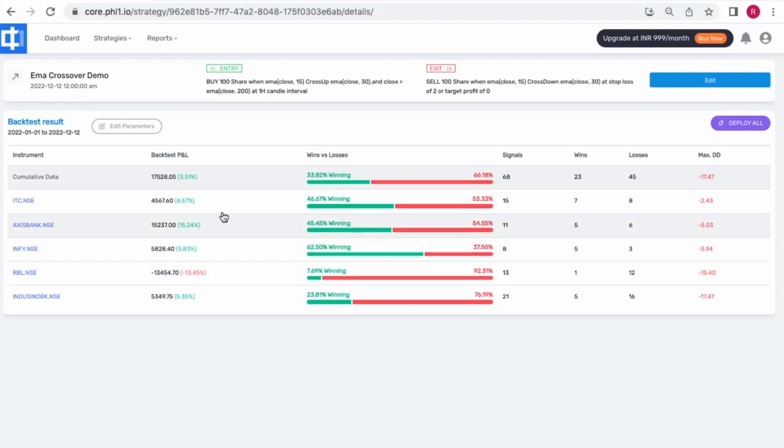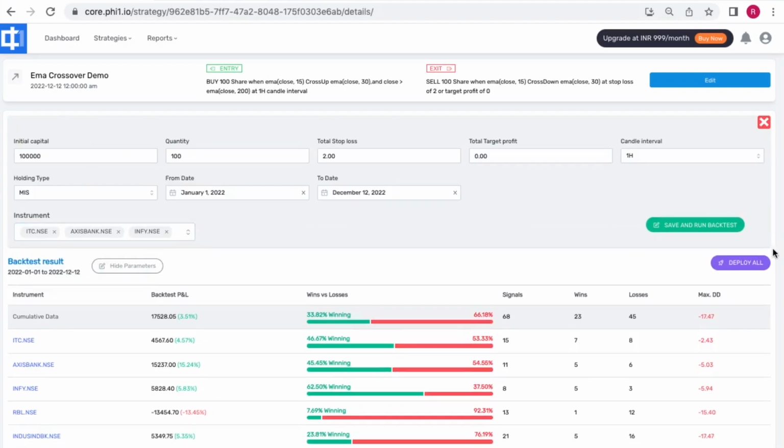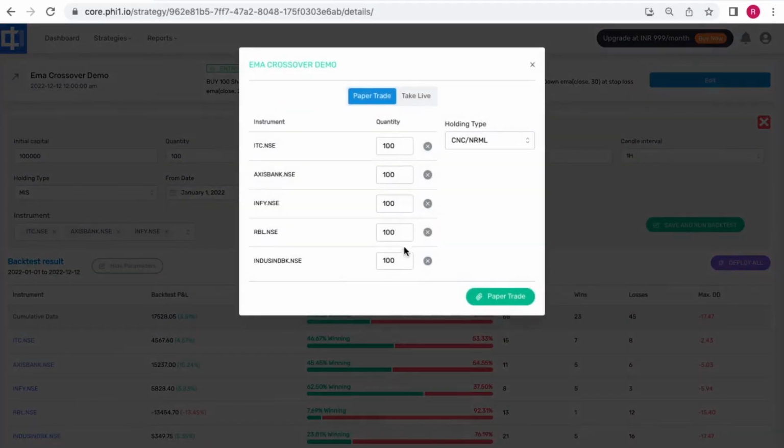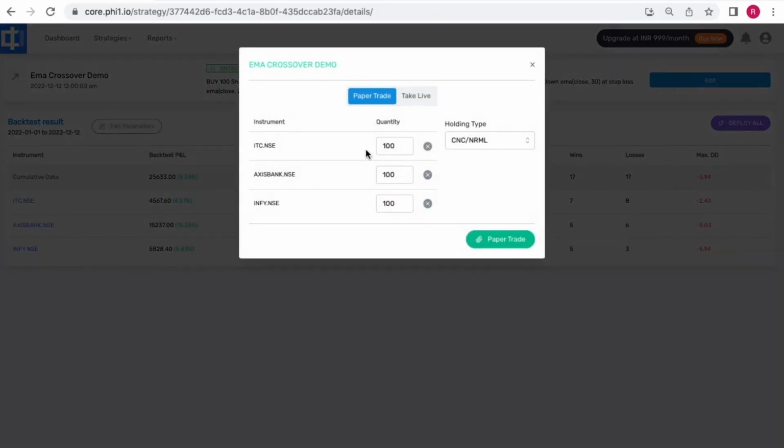With Axis and ITC also the win rate is decent and so is the PNL. I think I'm going to eliminate RBL and IndusInd from my list and go ahead and deploy the remaining three. Alright, looks good. Click deploy all.